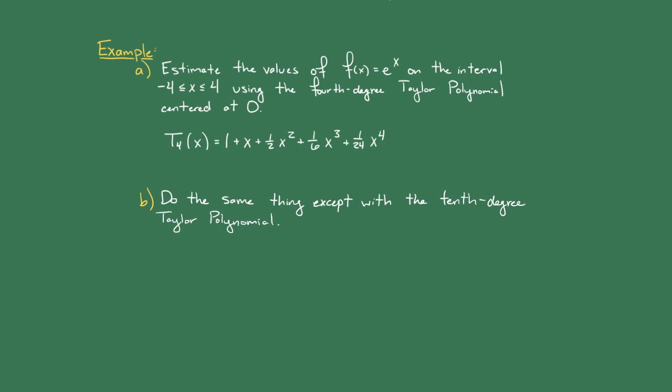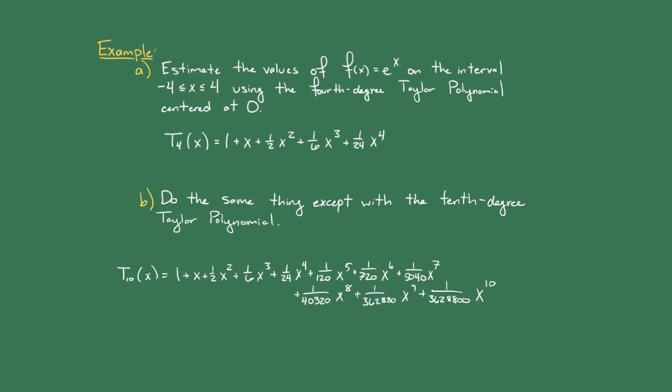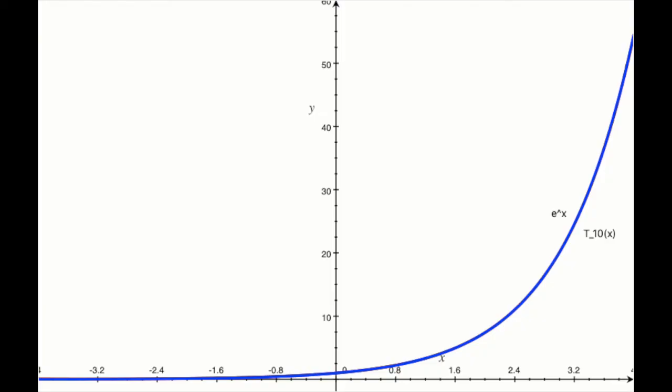The 10th degree Taylor polynomial will start off exactly the same as the 4th degree Taylor polynomial, and then it'll have some higher order terms. Now, let's take a look at the graph of e to the x and T sub 10 of x. Notice that T sub 10 of x stays closer to e to the x as you get further from 0, and this is exactly the reason we would take higher order Taylor polynomials, to get a better approximation in our given interval.